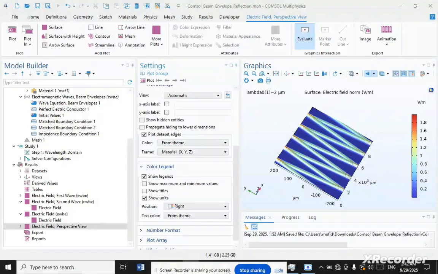And the next concept I want to talk about is counterpropagation. What is counterpropagation? A counterpropagating wave is a wave that travels in the opposite direction to another wave, such as a laser wave or a water wave, often in a shared medium like a fiber optic cable or a water body.